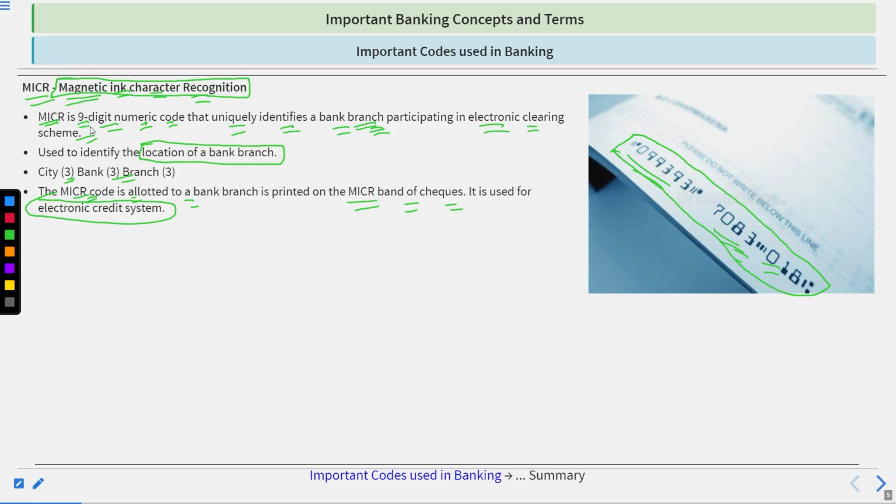So IFSC is an alphanumeric code of 11 characters: the first four are alphabets to identify the bank, 0 is always common, and the other 6 numbers denote the branch of the bank. MICR, magnetic ink character recognition, is presented on checks, is a 9-digit numeric code with no alphabets, and is used to locate the bank branch.